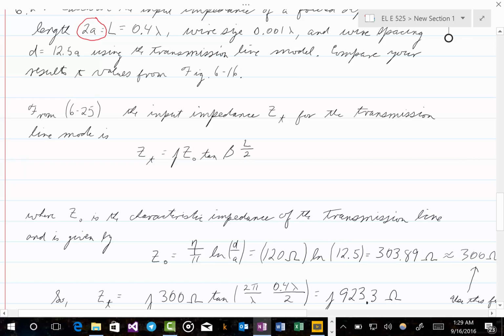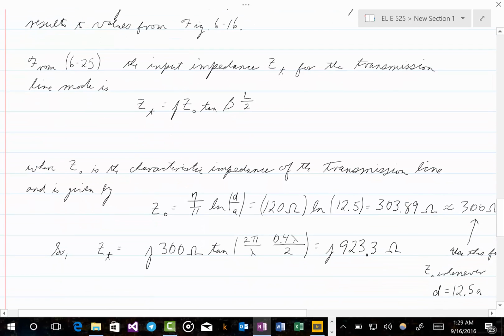This is for a shorted transmission line of length L. The input impedance is j Z naught tangent beta L over 2, where Z naught is the characteristic impedance of the transmission line. And a formula for that is Z naught equals eta over pi natural log of D over a. And eta over pi can be approximated by 120 ohms.